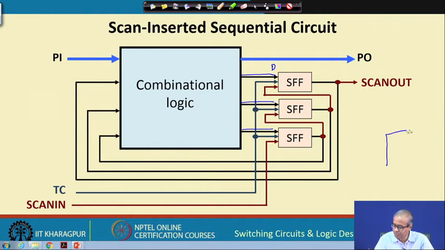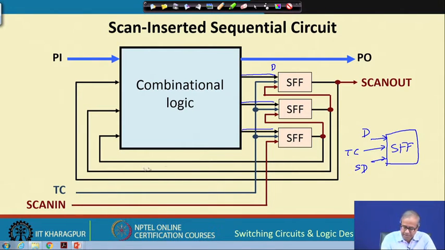For the scan flip flop, the upper input is D, the middle input is the test control TC, and the lower input is the scan data, right. And the output of the flip flop we feed back to the input of the combinational circuit as usual.